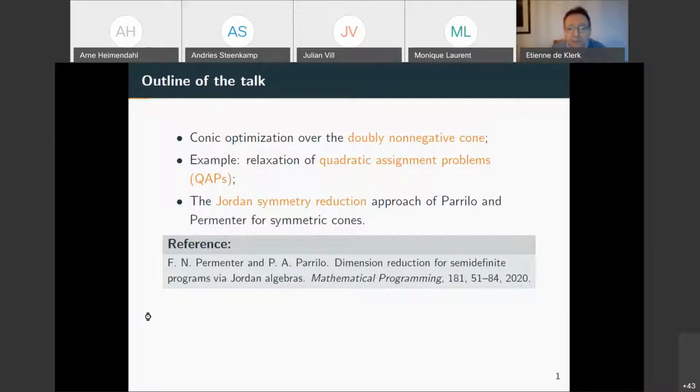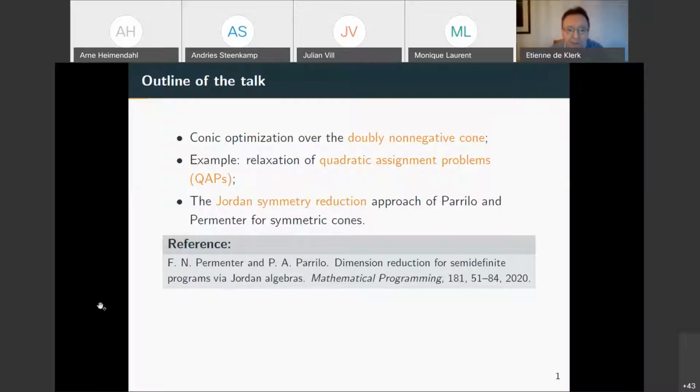So what is the idea? So basically the idea is, like I said, this is in some sense the most general framework for reducing conic optimization problems. And it works even if you have no idea about the symmetries. So the downside is that you must be able to do basic linear algebra operations with the data that you have. So that is of course a disadvantage.